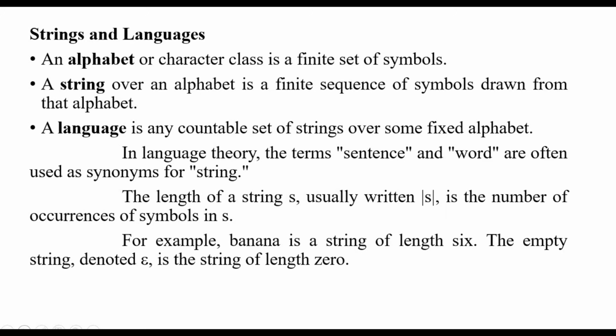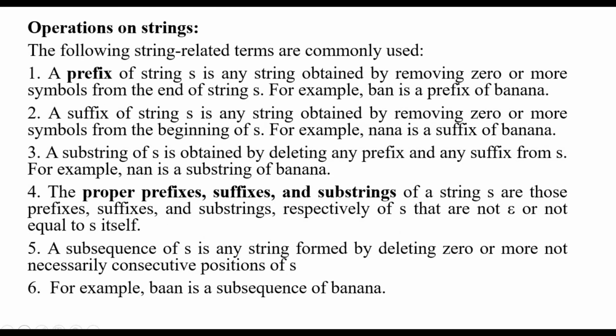The length of string S, usually written as mod S, is the number of occurrences of symbols in string S. For example, banana is a string of length 6. Here a total of 6 characters are used: B, A, N, A, N, A. So the string length is 6. The empty string, denoted by epsilon, is the string of length 0.